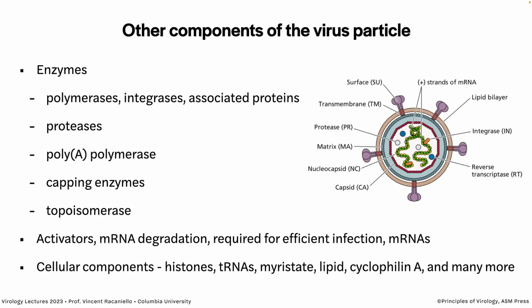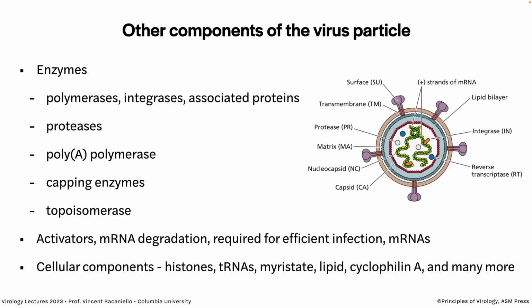And finally, besides all of these components that we've talked about, structural proteins, accessory proteins like a portal or a cement, glycoproteins, there are many other proteins in virus particles that we'll touch on as we go through this course. There are enzymes in many virus particles.